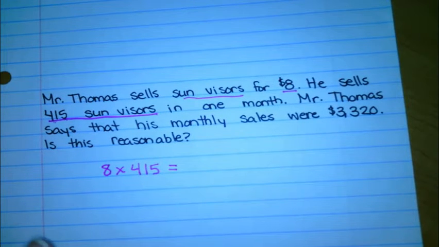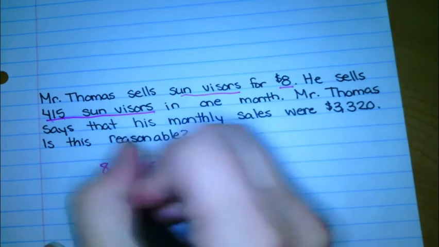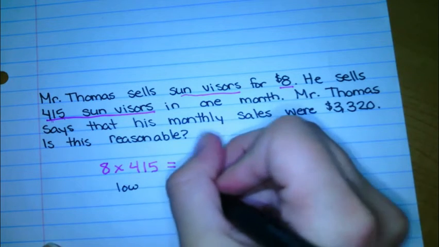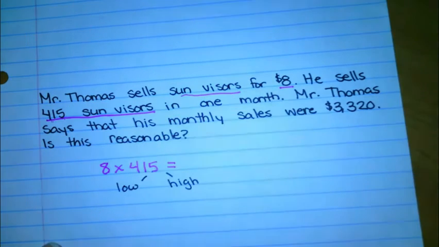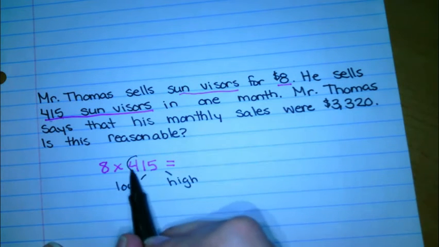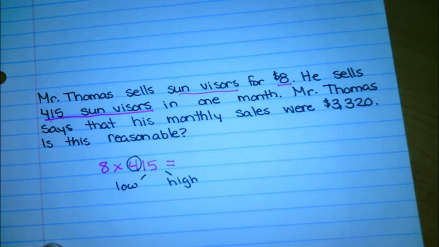In the classroom, when we do this, we try to find the low and the high estimate. So to do this, we're going to look for the numbers that 415 is in between to the largest place value, which is 100. So what 100 did 415 have to pass first? Well, it had to go past 400.